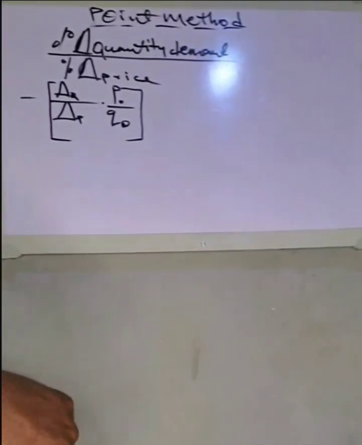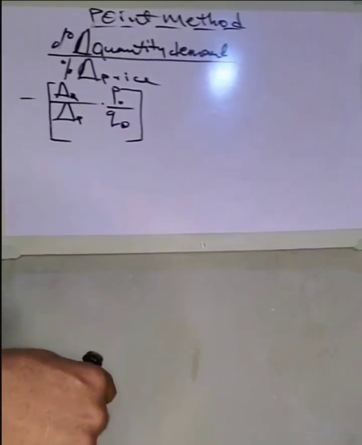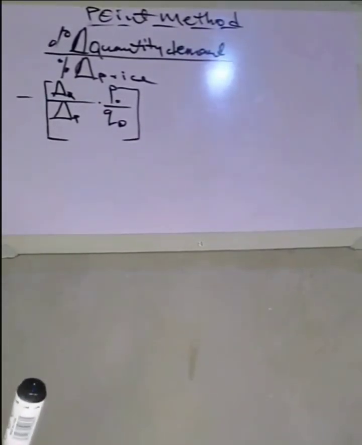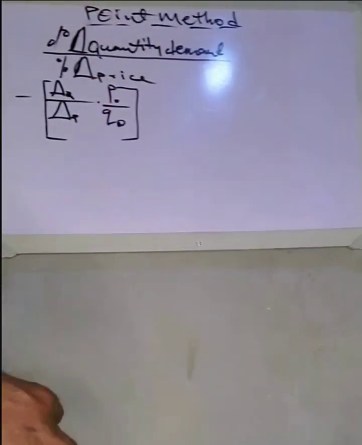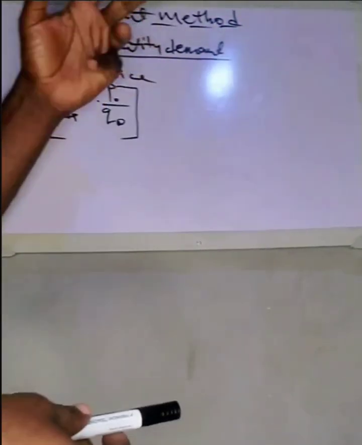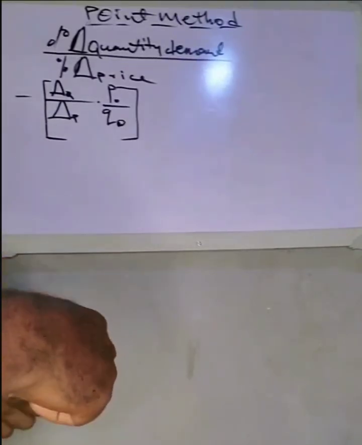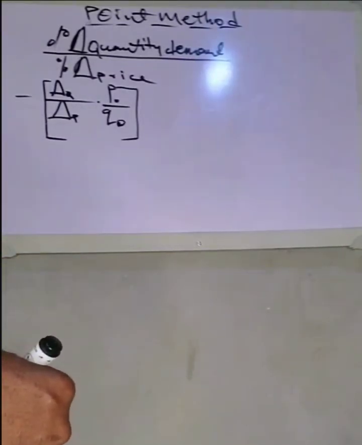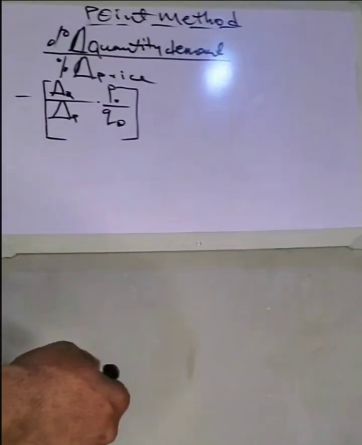Okay, let's find the price elasticity coefficient of product B. We have different methods to measure price elasticity of any given product. One is the point method. We have the arc method, but we'll be using the point method to measure the price elasticity coefficient of any given product.